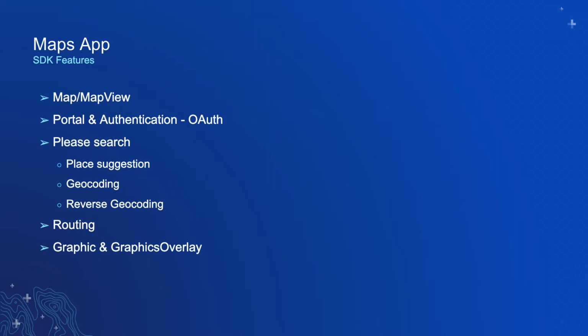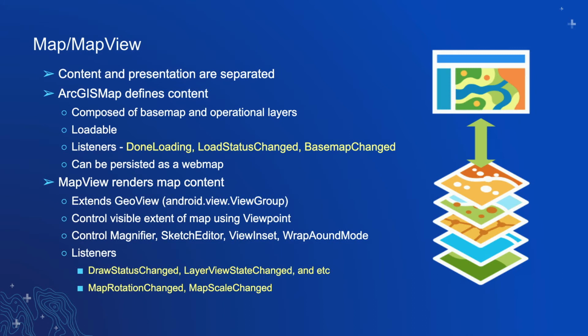I haven't demoed reverse geocoding, but it is also supported in this Maps app. And we're also doing routing, and it adds graphics to the graphics overlay when doing the routing. So let's dive into the individual components used in this Maps app.